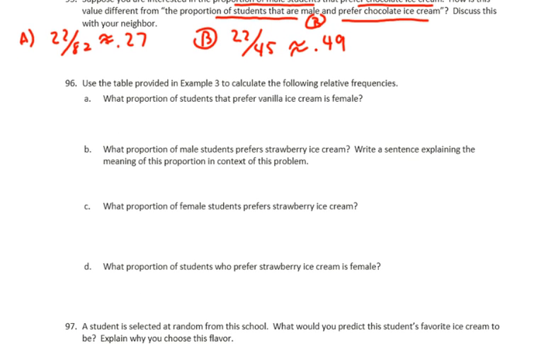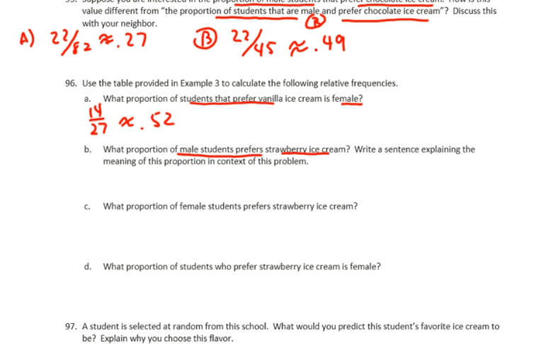So 96A, what proportion of students that prefer vanilla ice cream is female? So students that prefer vanilla ice cream, there's 27 of them. And how many are female? That's 14, so it's 14 out of 27, which is approximately 0.52. B, proportion of male students who prefer strawberry ice cream.